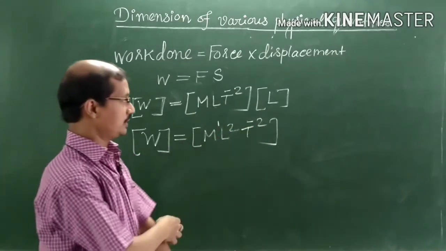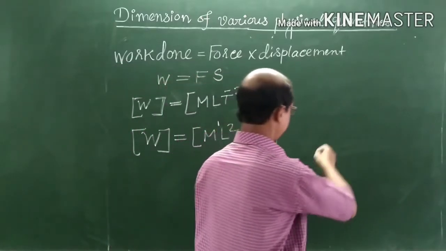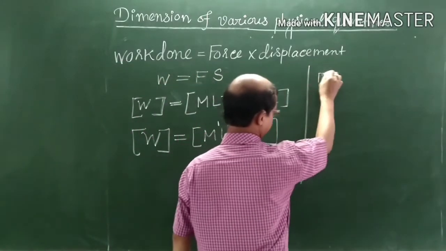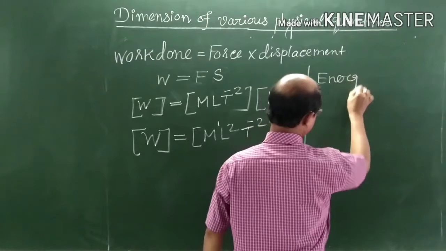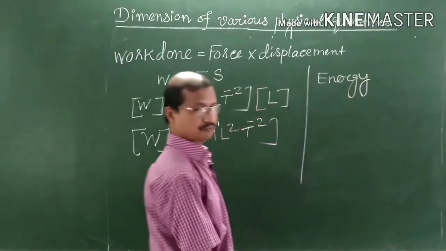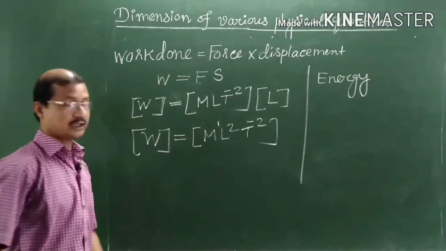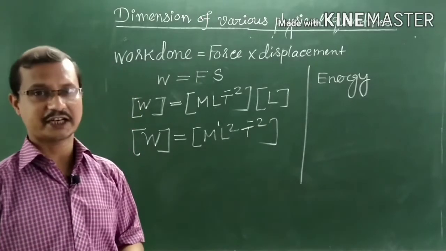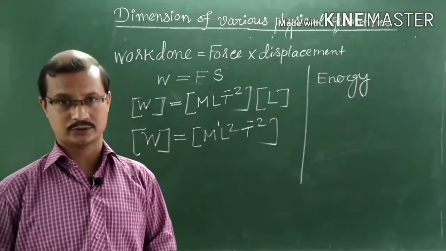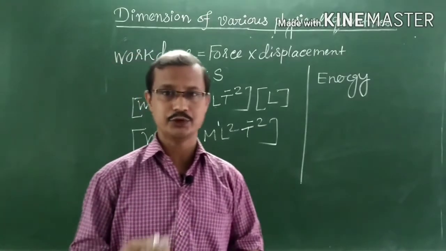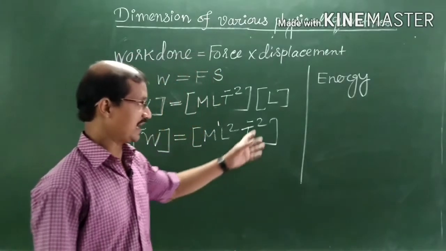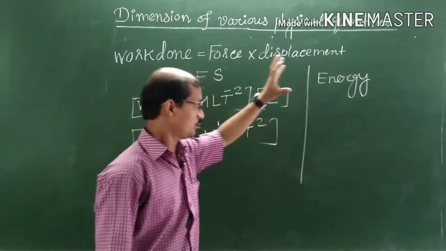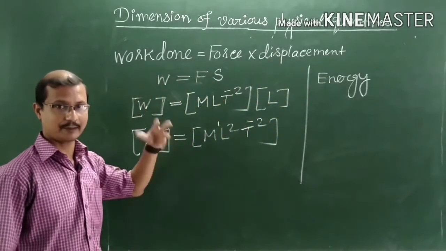Next, if you want to find the dimension of energy: what is energy? Energy is the capacity of doing work or ability of doing work. So we measure energy from work done, because it is the capacity of doing work.